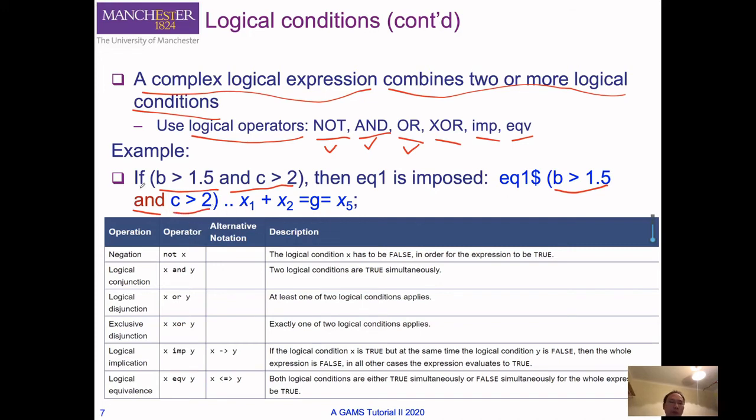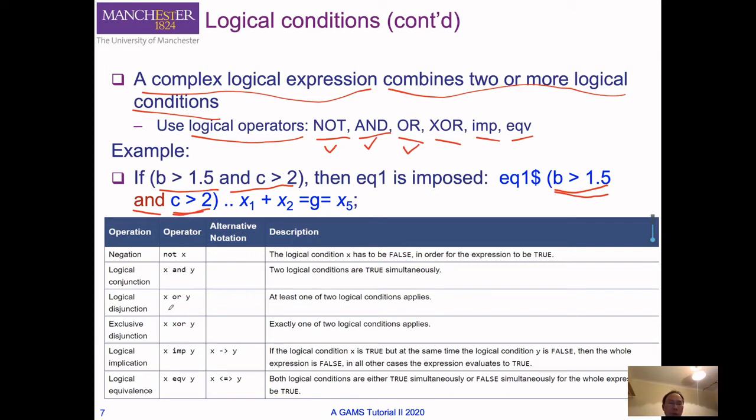Then we use this and logical operator to combine this logical condition and this logical condition. If both of them are true, then the entire logical condition is true. If one of them is not true, then the entire condition is not true.